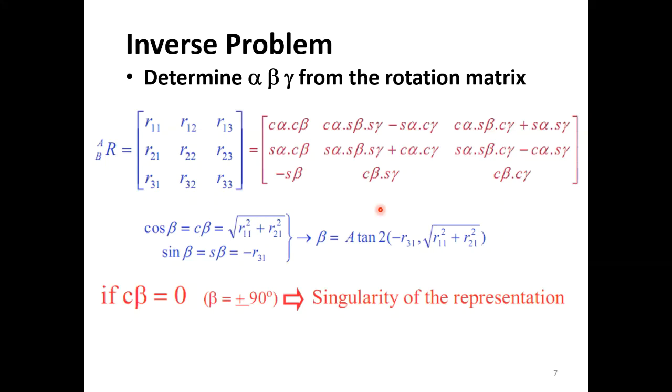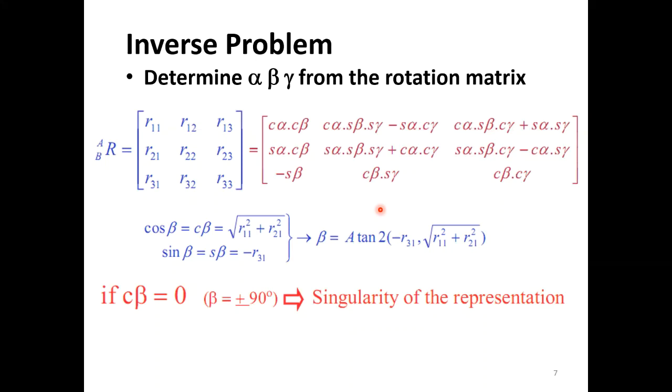So just because there's a mathematical singularity doesn't mean that you necessarily have a physical problem, unless you stick to this mathematical model for controls. If you use this mathematical model to control a robot arm in a singularity, you have this problem. So you need to figure out a different way to represent orientation if you undergo the beta 90-degree situation.